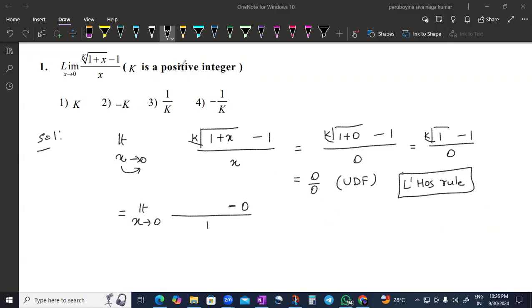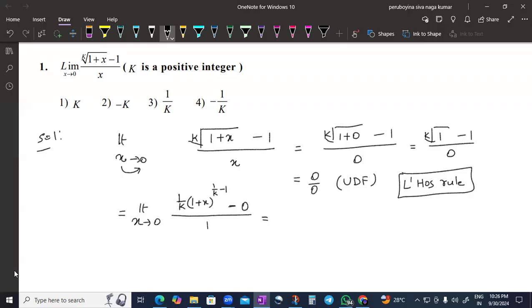Understood? In the same sense, you can write 1 by k into 1 plus x whole power 1 by k minus 1. I just differentiated everything in the numerator separately, and everything in the denominator separately.